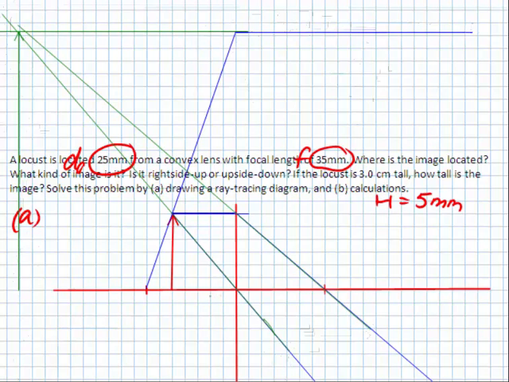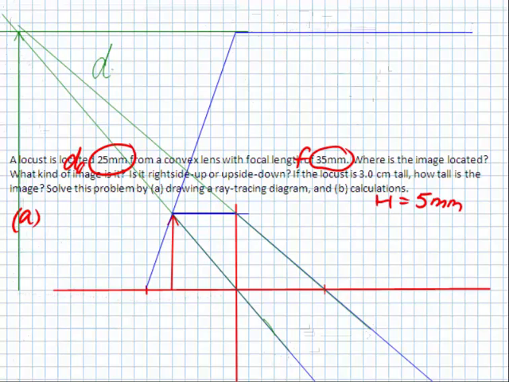And that is 1, 2, 3, 4, 5, 6, 7, 8, 9, 10, 11, 12, 13, 14, 15, 16, 17, which is 85 millimeters.